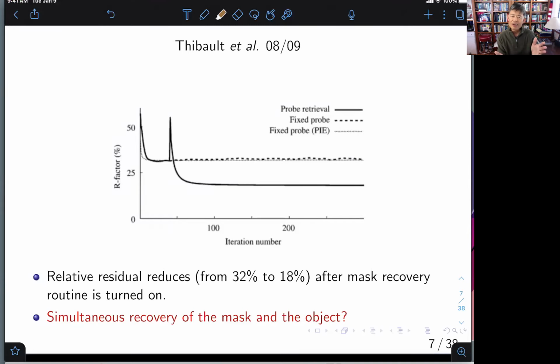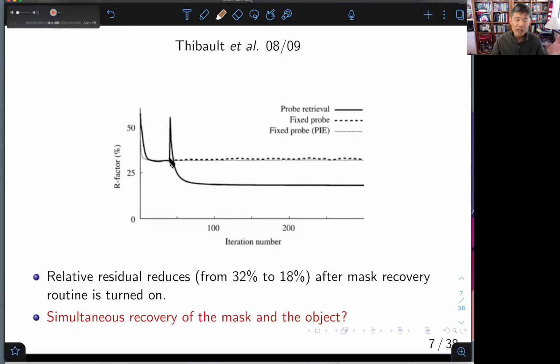Even though these two are a product, I mean, they're multiplied together, you would think if there's an uncertainty in one part, it will transfer the uncertainty to the other part, because after all, your diffraction pattern can only recover the product. So how does that work? Normally people wouldn't think that it is possible to improve the result, but actually they did.